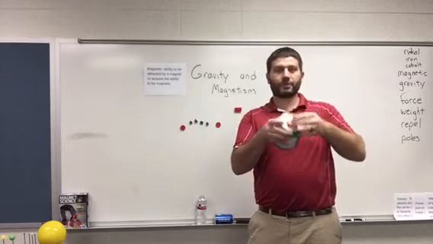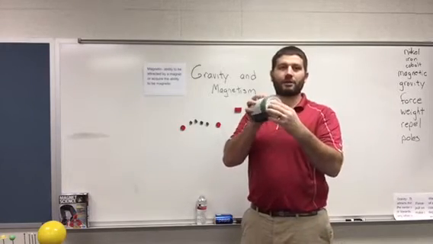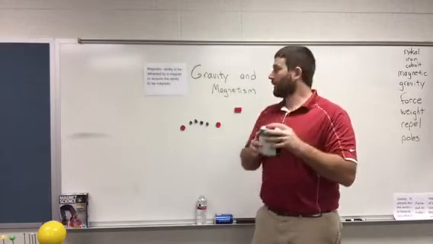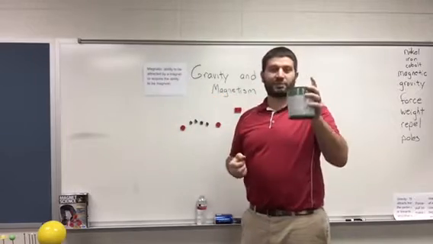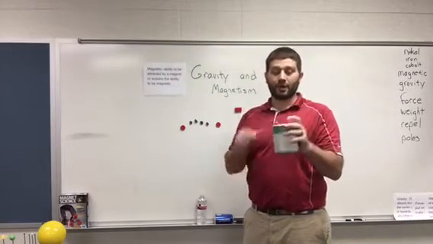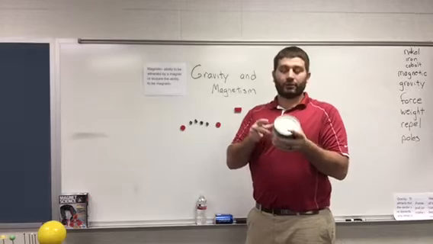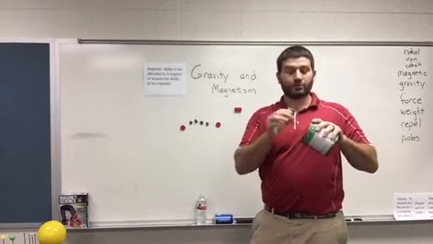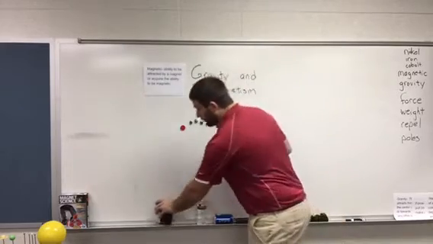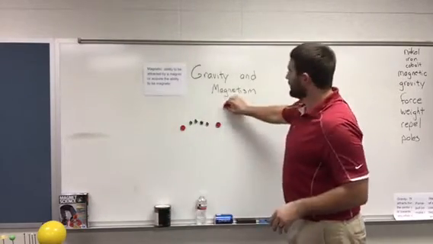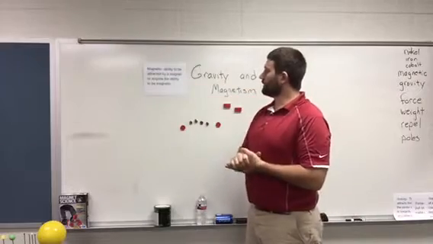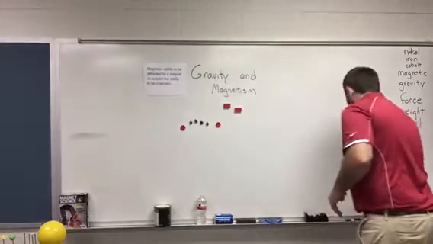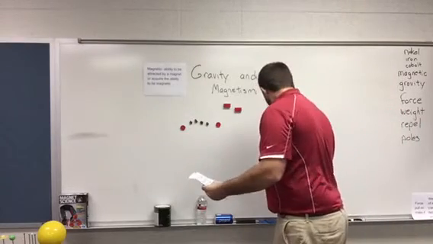The top of this paint can is metal, and so the magnet is attracted to it. Now this paint can itself is not magnetic, but it does have the ability to become magnetic. We won't go into that, but you can turn this into a magnet if you had the right tools. So magnetic is the ability to be attracted by a magnet or acquire the ability to be magnetic.